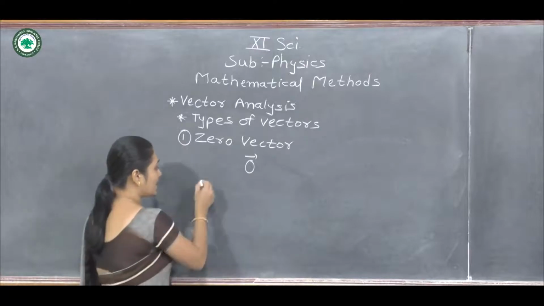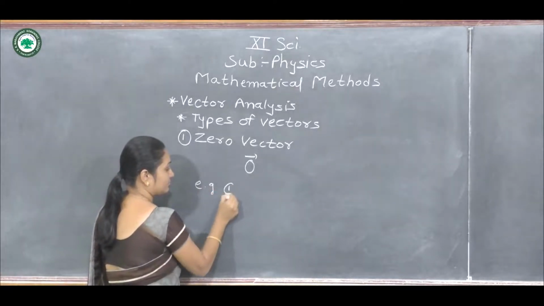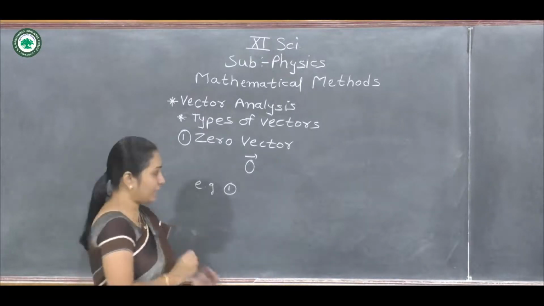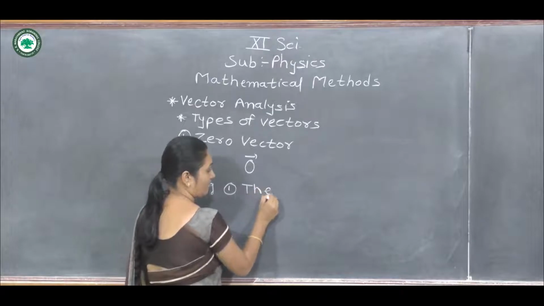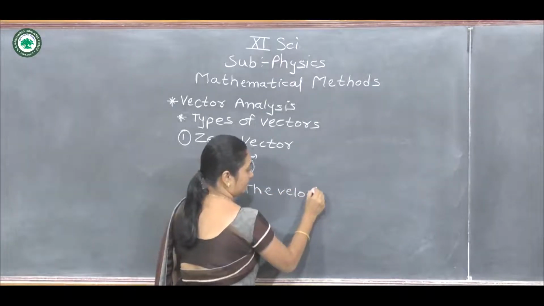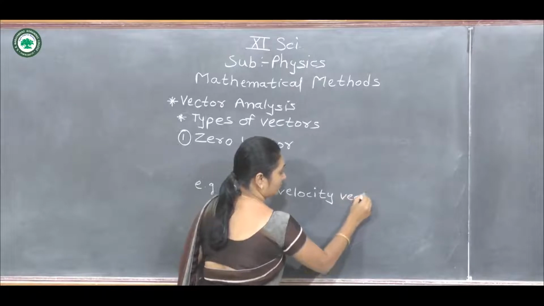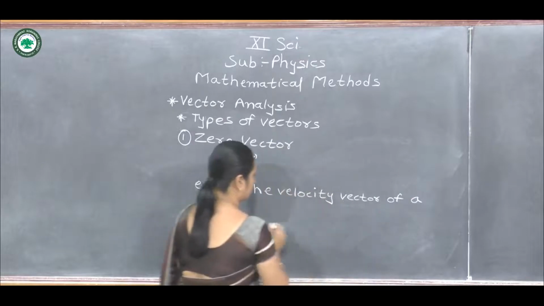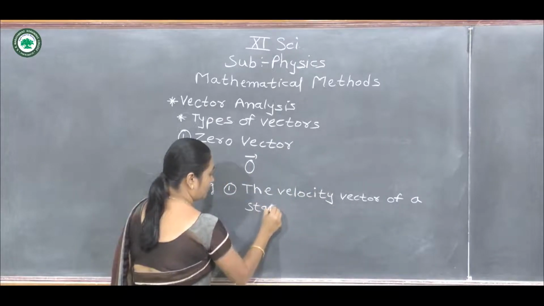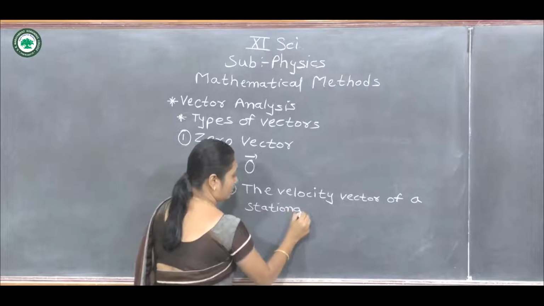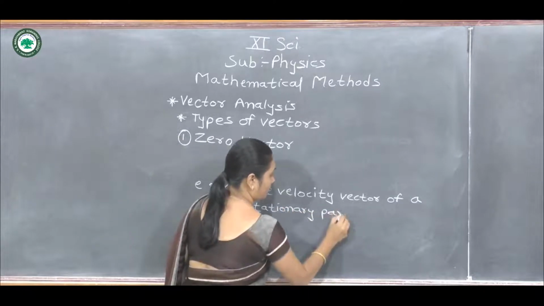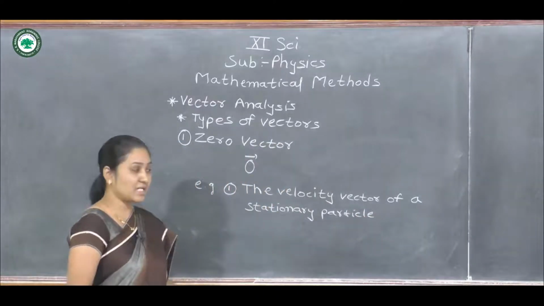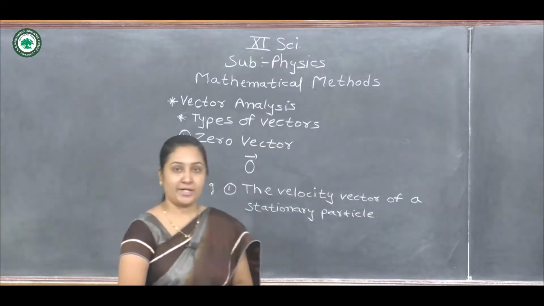There are some examples of these zero vectors. The first example is the velocity vector of a stationary particle, which is a zero vector.